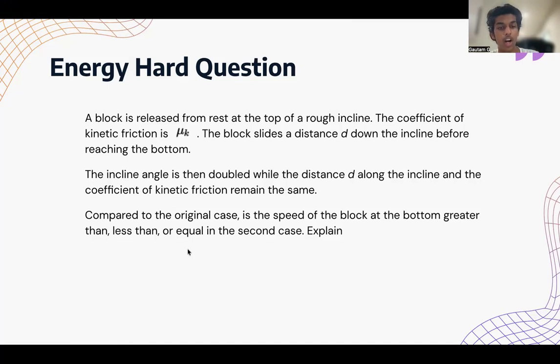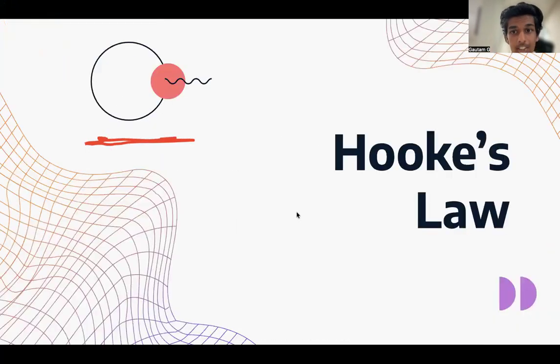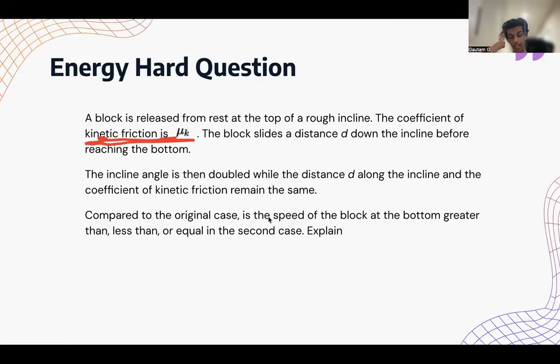I'll be going over what this specifically is. I just got a few questions asking what this is. Don't worry about it right now. Just think of it as normal friction, because I think it's actually next, after this. Right now just think of this as a variable representing the kinetic friction.